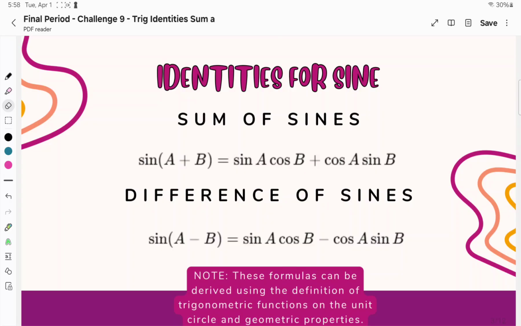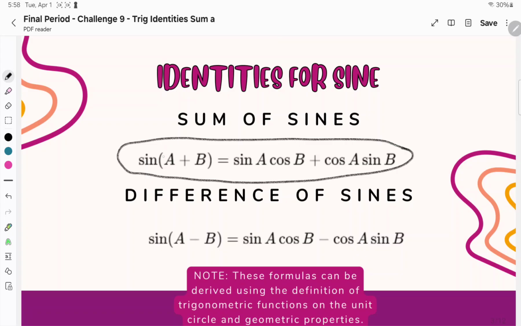So we're gonna have these identities for the sine function. Our first identity is gonna be for the sine of a sum, okay? In this case, I'm writing sine of a plus b is not gonna be equal.